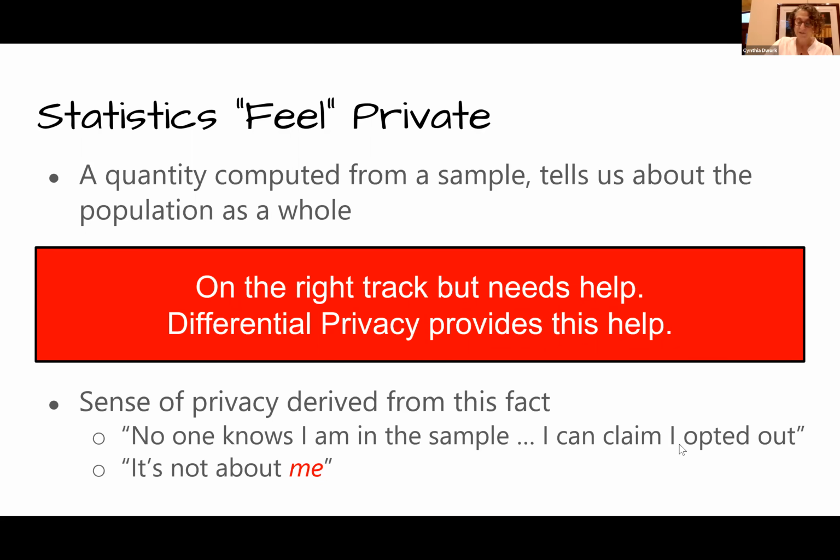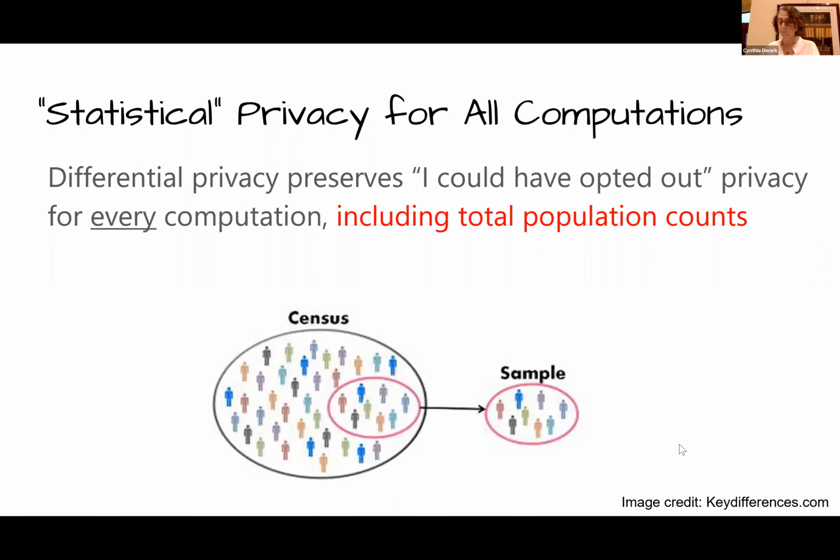And differential privacy provides this help. And in fact, differential privacy preserves this sort of "I could have opted out" privacy intuition for every computation, including total population counts and other measurements of a total population.